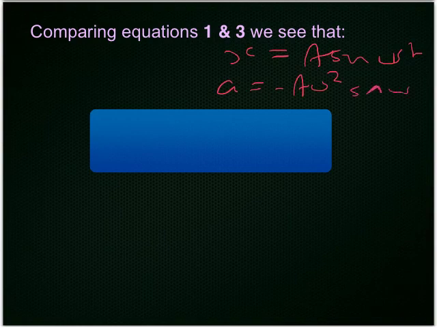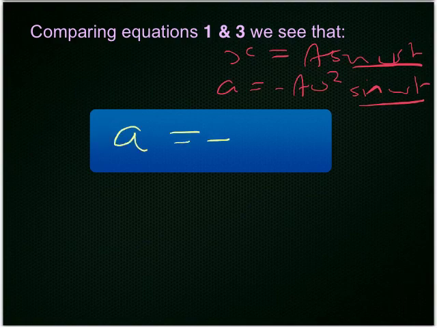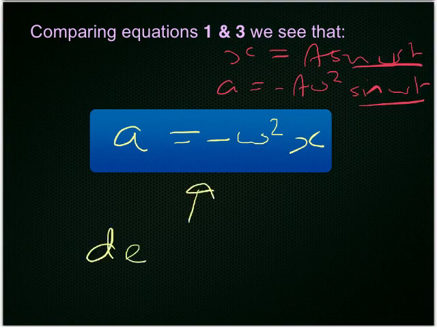If you compare those two, they have sine omega t in each, so similar terms. If you make them equal, you're left with a equals negative omega squared x. And this is actually the defining formula, which we'll come to later.